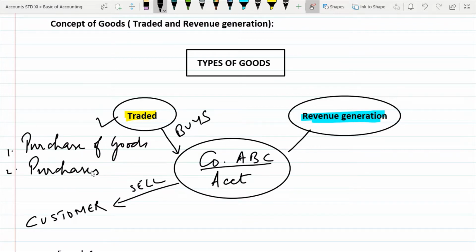Some books will say purchase of goods, some books will just say purchases. But be careful here. You use either purchase of goods or purchases, you cannot use both. That you will understand when we are preparing ledgers, because otherwise we will be preparing two different types of ledgers.